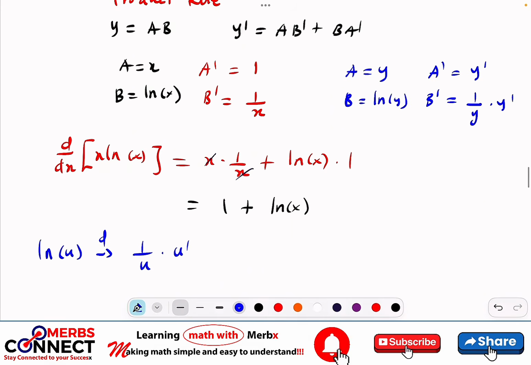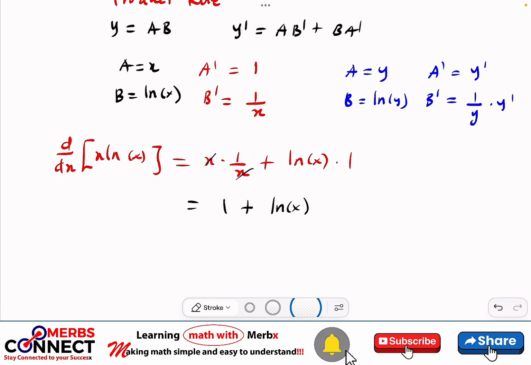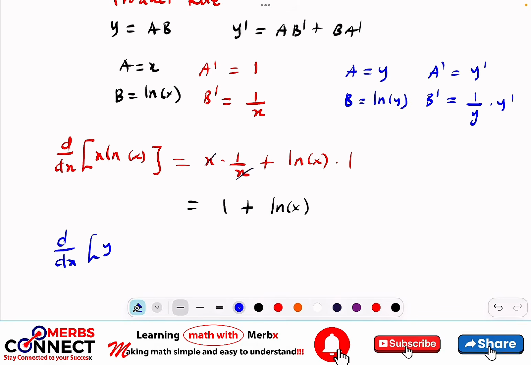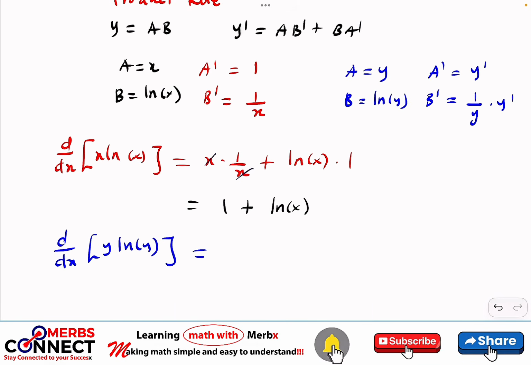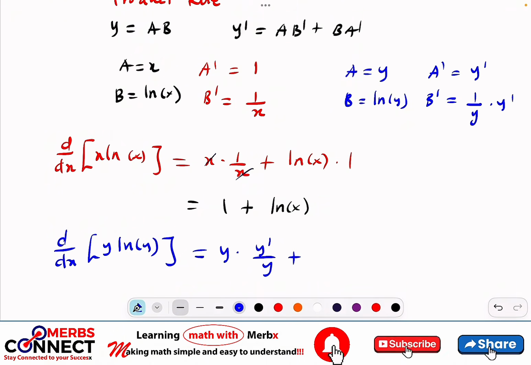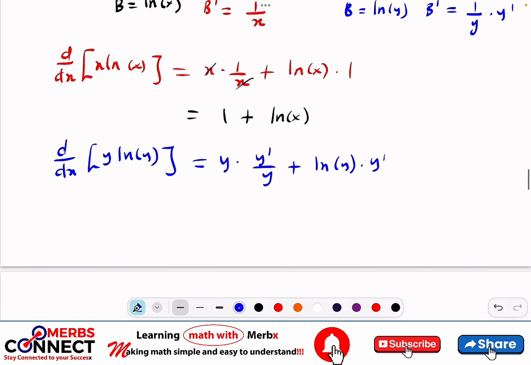Beautiful. So let's try and then find out d over dx of y natural log of y. So multiply A to B prime, so this times that, we are going to have y times y prime over y plus B times A prime, which is natural log of y times y prime. Let's simplify that.